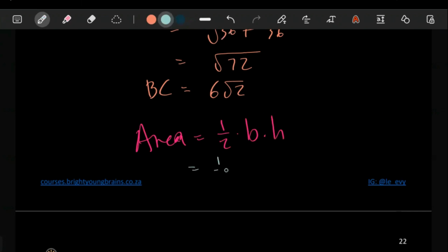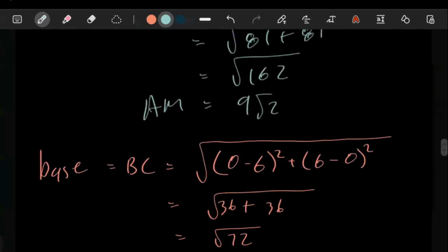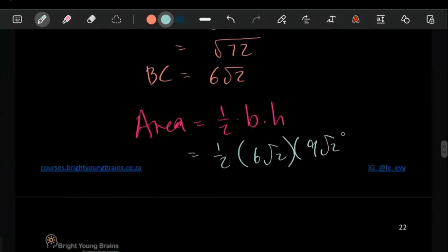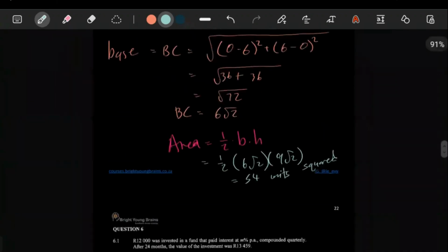So this is just a half, the base is 6 square root of 2, and the perpendicular height is 9 square root of 2. Putting all this in the calculator, a half times 6 square root of 2 times 9 square root of 2 gives us 54. So this is 54 units squared. Nothing crazy.